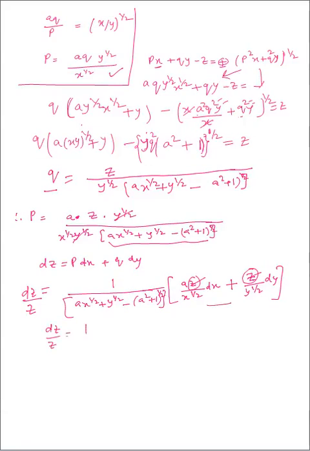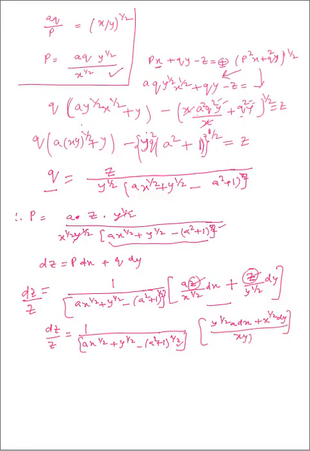This term is the same, a x to the power half plus y to the power half minus a square plus 1 to the power half, and the LCM: y to the power half a dx plus x to the power half dy upon xy to the power half.